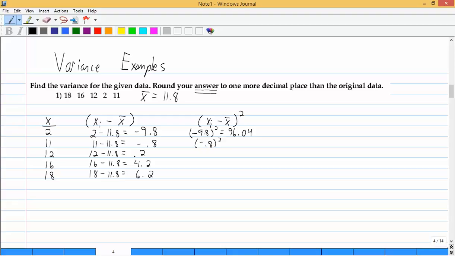Negative 0.8 squared is equal to 0.64. 0.2 squared is equal to 0.04. 4.2 squared is equal to 17.67, and 6.2 squared is equal to 38.44.